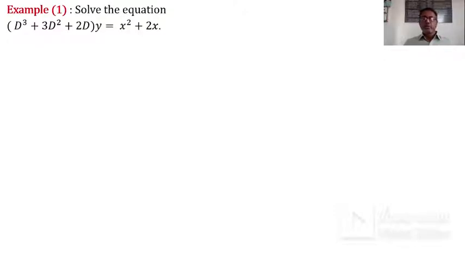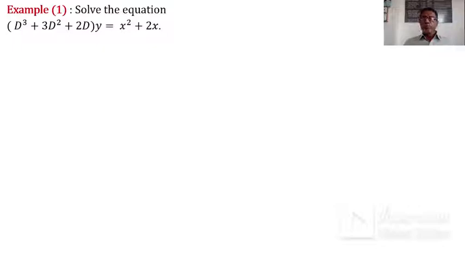non-homogeneous differential equation, and we have seen that the general solution of this non-homogeneous differential equation contains two parts, the complementary function and the particular integral.